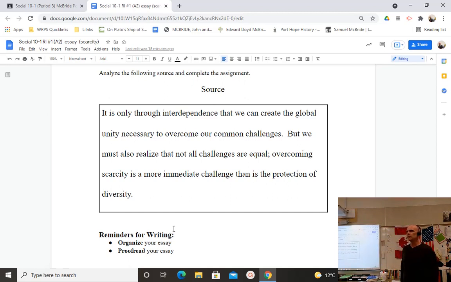Yes? Immediate, right? By the use of the word immediate, the voice behind the source is presenting a tone of urgency. We have to do this now. It's immediate. Diversity is important too. We'll get to that. But we got this other stuff we need to take care of first. Every 5 seconds, people are dying. That's the urgent stuff.